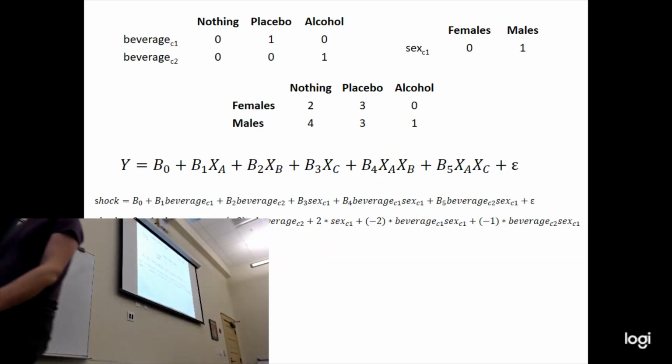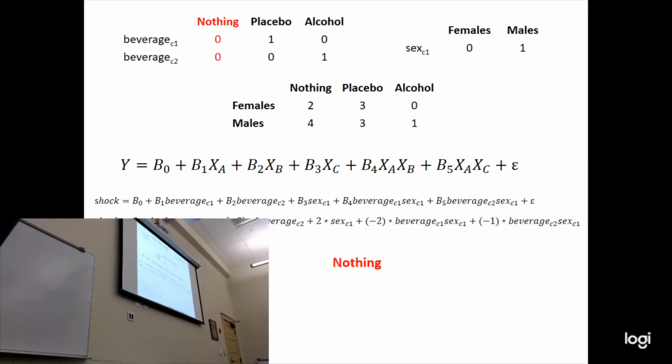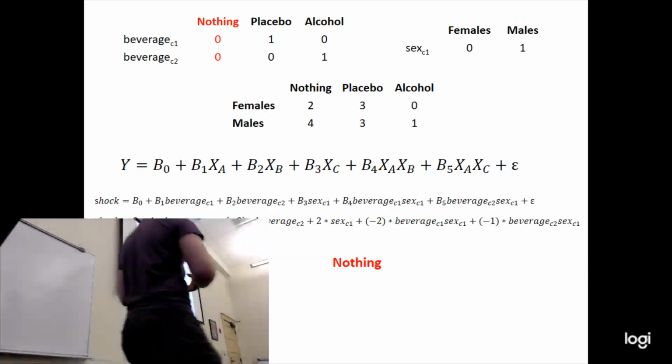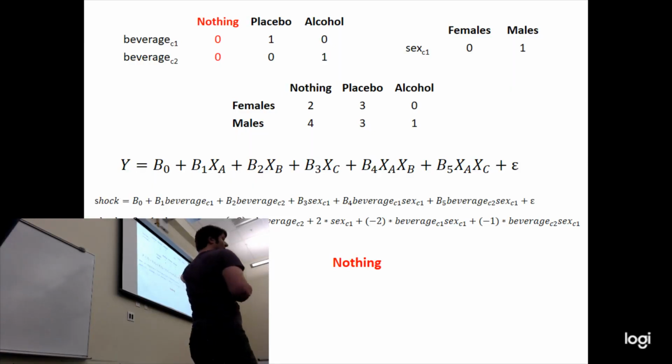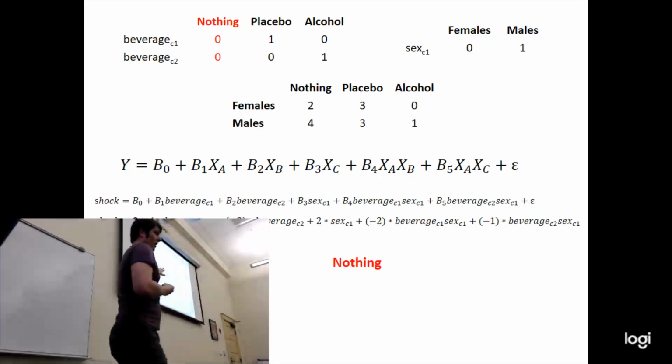So to be a little bit more specific, let's say that we were interested in the effect of sex, or predictions about overall shock in the group that received nothing.